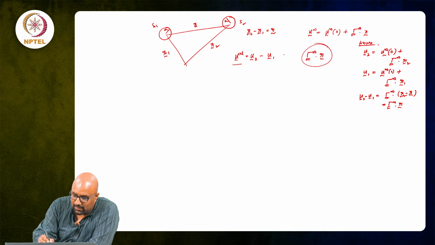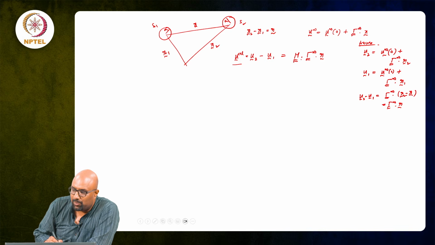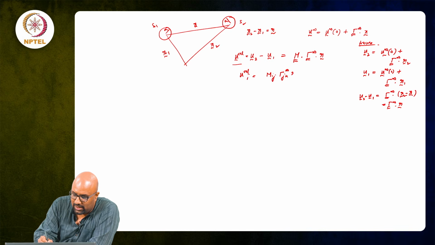So, the relative velocity for this two sphere problem will have a dependence on gamma infinity dot r, but then there is a proportionality constant which would be a rank 2 tensor. So, u relative i is Mij gamma infinity jk rk. What is the dimension of this object?